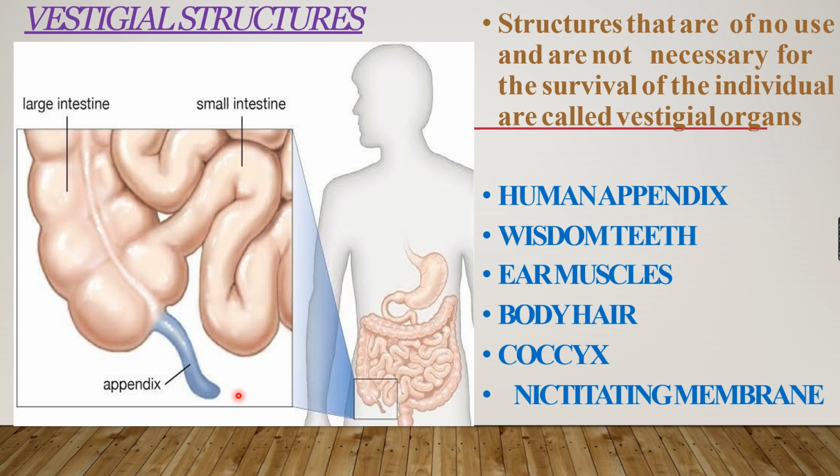But for us, it is very much reduced in size, because cellulose digestion usually takes place in the cecum of herbivorous animals. But we are not herbivorous. We are not eating food as such like herbivores. So the cecum in human beings became functionless and reduced into the small finger-like projection called the appendix.